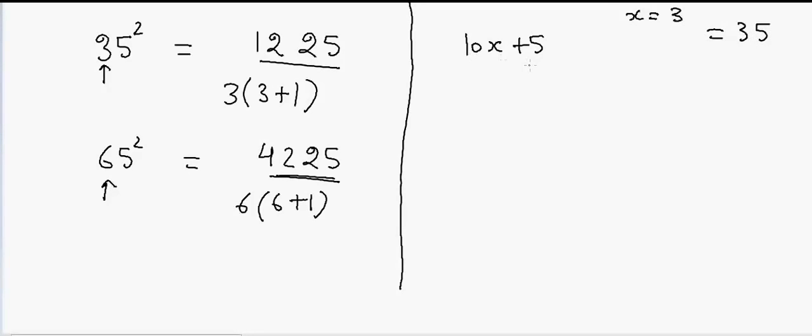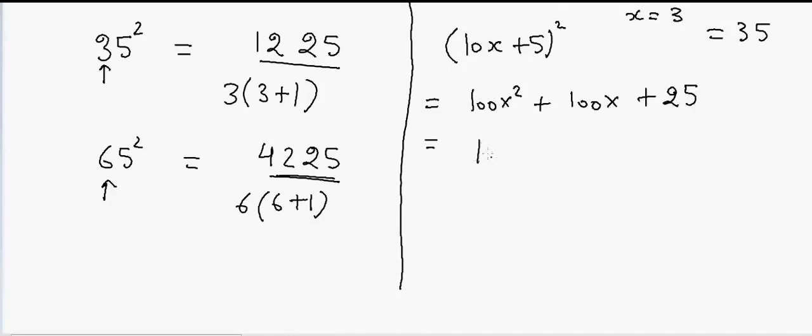If we do a square of 10x plus 5, that will be equal to 100x square plus 100x plus 25. If we solve this, that will be equal to 100 into x into x plus 1 plus 25.